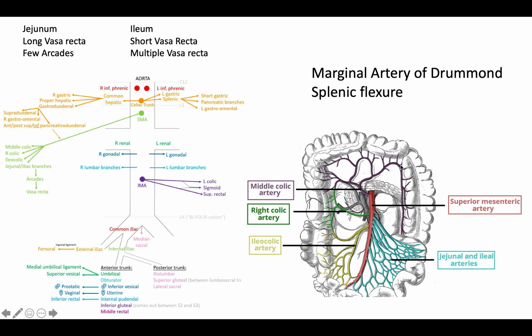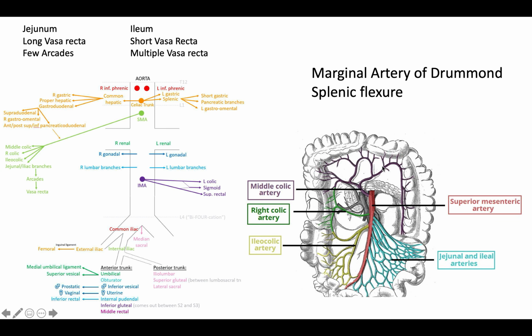This point here, which is the marginal artery of Drummond, located at the splenic flexure, because remember the spleen is located up here, is extremely important. Say if a patient crashed, hemorrhaged, or all of a sudden had a drastic drop in blood pressure, right?